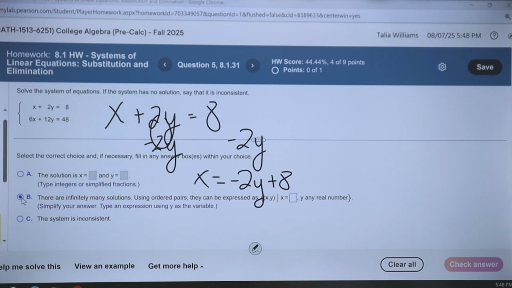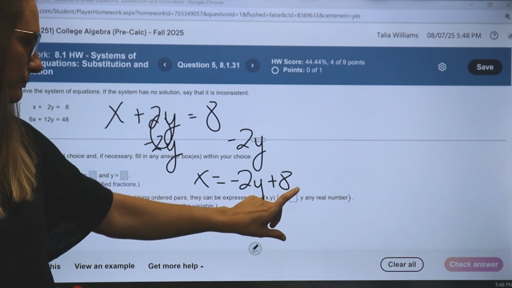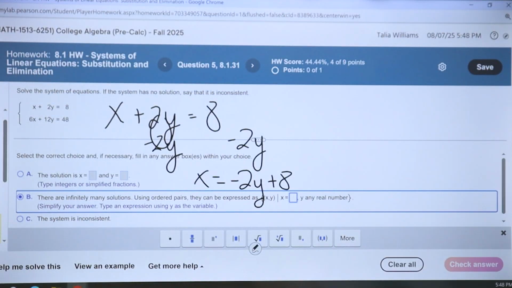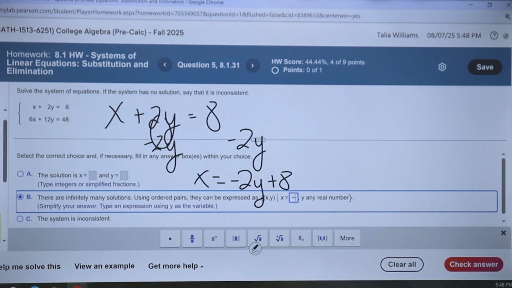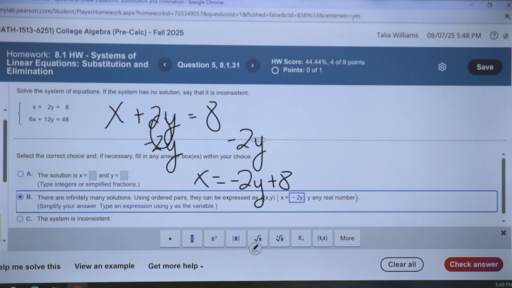I say that because I guarantee y'all probably have something with your x. If I had 2 with mine, I would have to reduce this because both of those are divisible by 2. But I'm trying to make sure in case y'all get a problem like that I don't have.